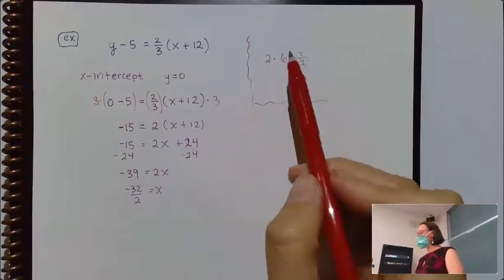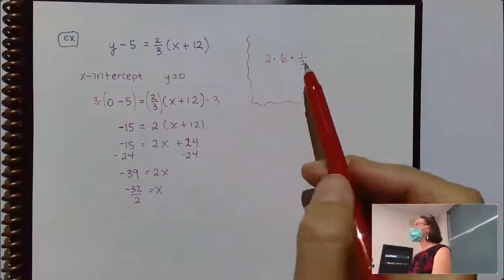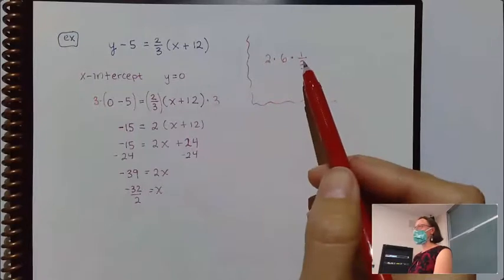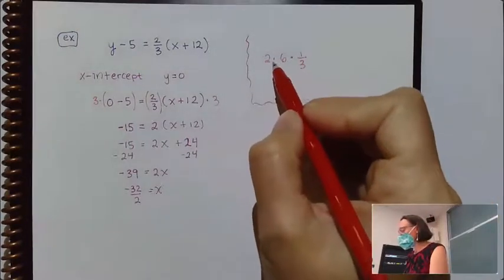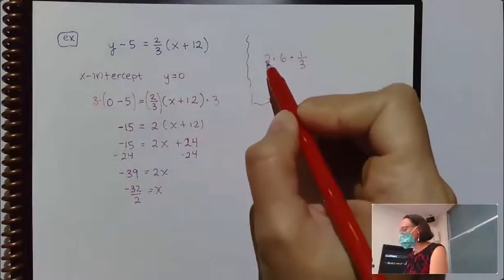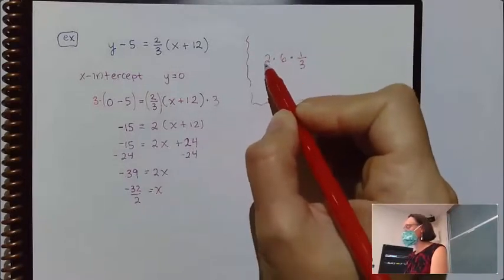Like I have 3 things multiplied together. You can multiply them in any order you want, but I'm not gonna take the 2 times the 6 and the 2 times the 1/3.